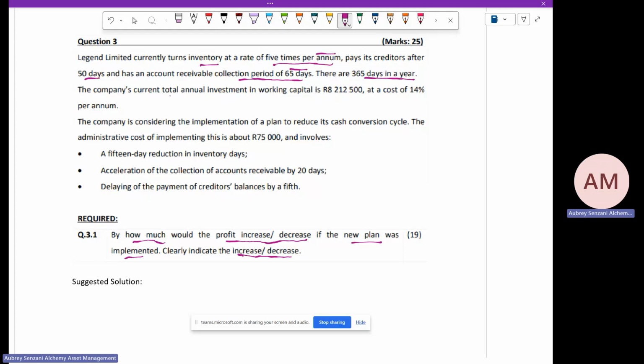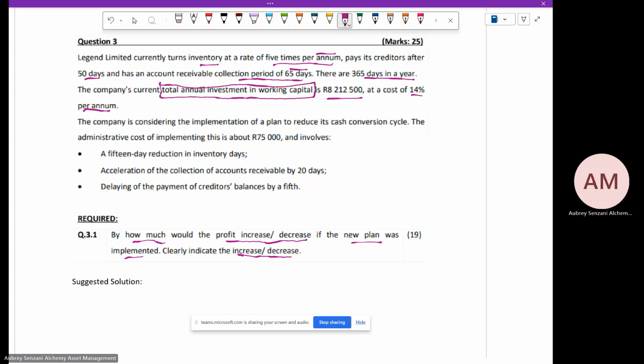The company's current total annual investment in working capital is 8,212,500 at a cost of 14% per annum. So this is our total annual investment in working capital.